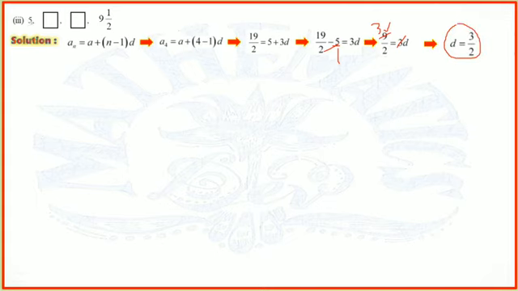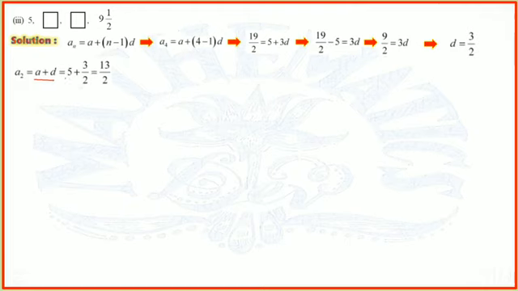Now the first term is 5, and then the second term would be A plus D. That is 5 plus common difference 3 by 2, so 5 2s are 10 plus 3 is 13 by 2.